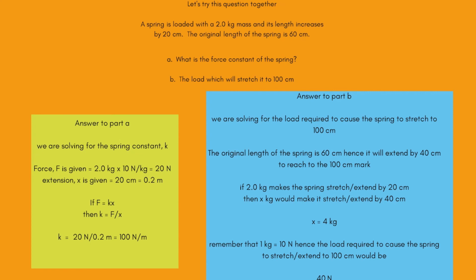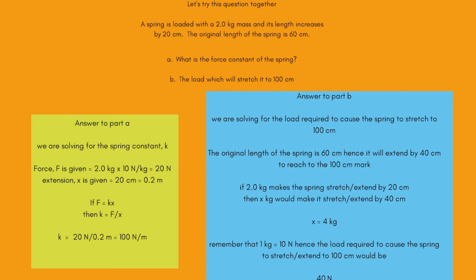Answer to part B. We are solving for the load required to cause the spring to stretch to 100 centimeters. The original length of the spring is 60 centimeters, hence it will be extended by 40 centimeters to reach the 100 centimeter mark.